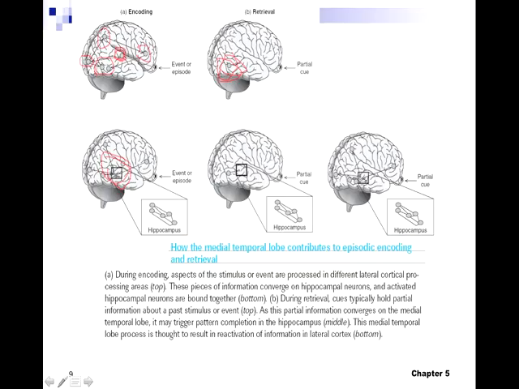Okay. And then as that partial cue, so a partial reminder of what happened goes on, the same systems activate, but sort of in reverse order. So as the hippocampus goes, oh yeah, I remember that thing, it sends that information out to the areas that are able to put all that together.